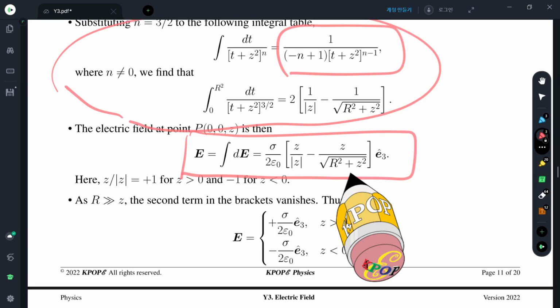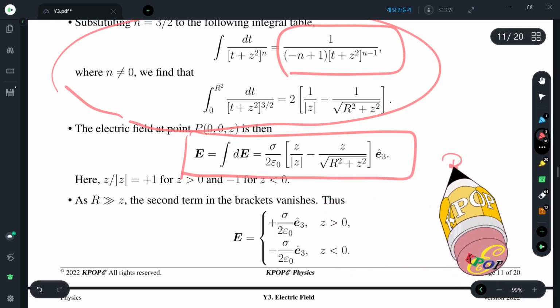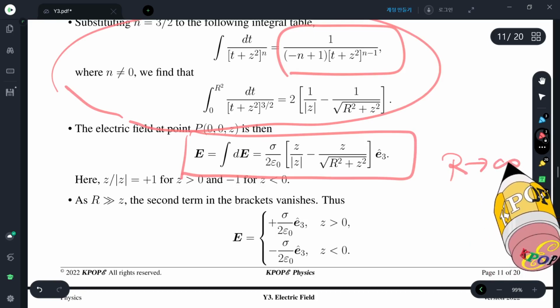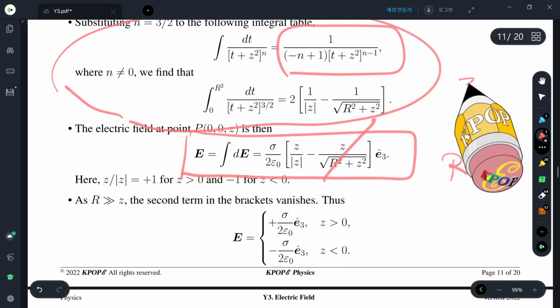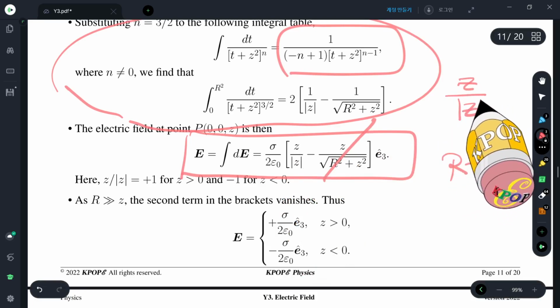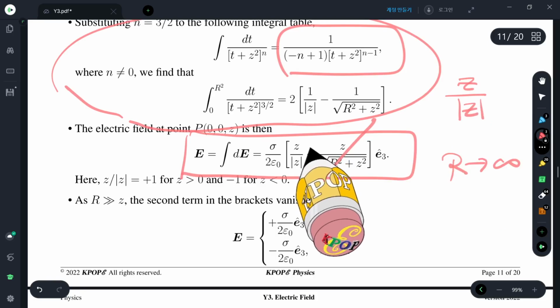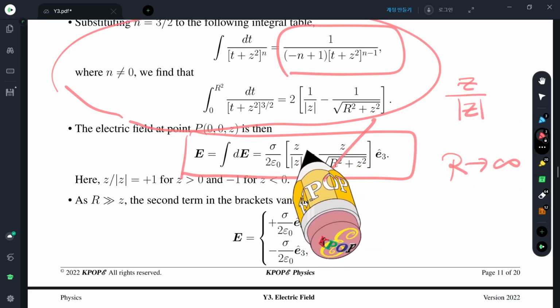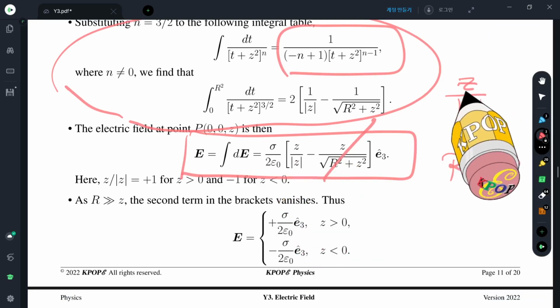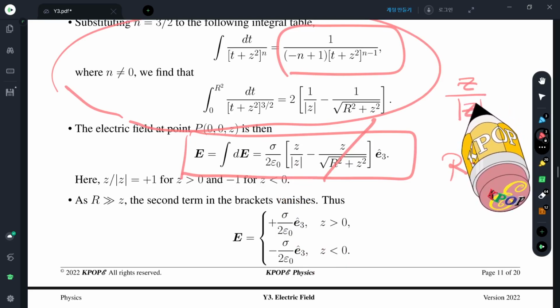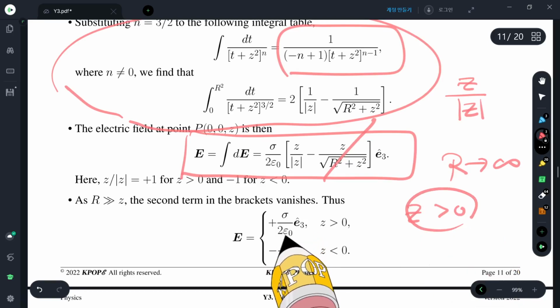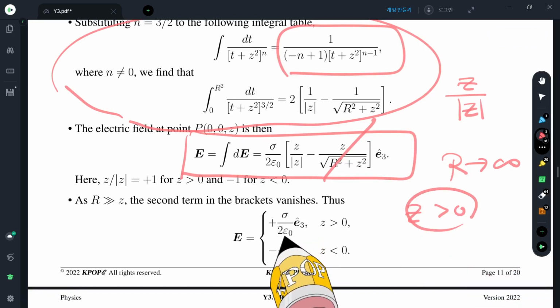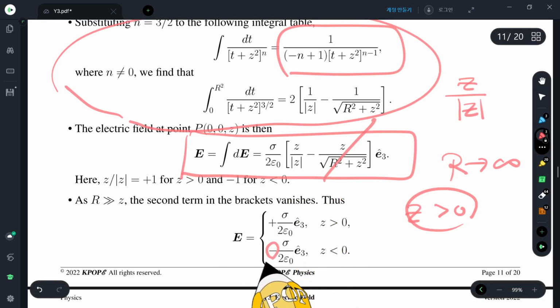As you can see, when the radius, capital R, goes to infinity, this term vanishes. And you will find z over the absolute value of z. That means there is a discontinuity: when z is positive, it is sigma over 2 epsilon 0, and when z is negative, it is in the opposite direction.